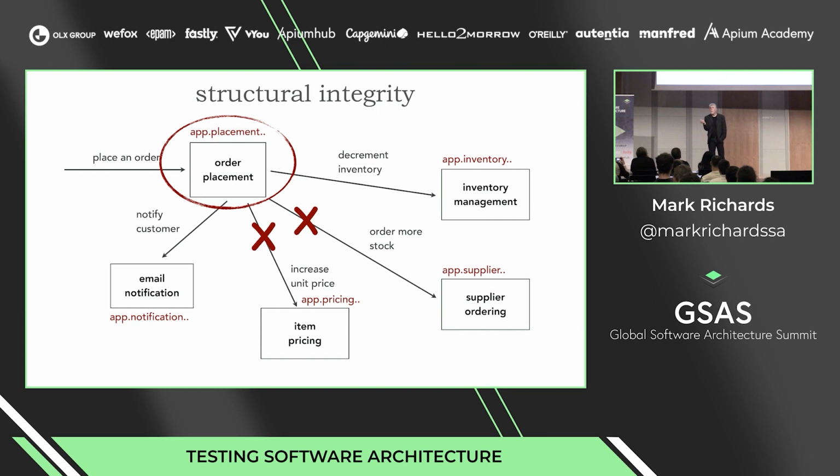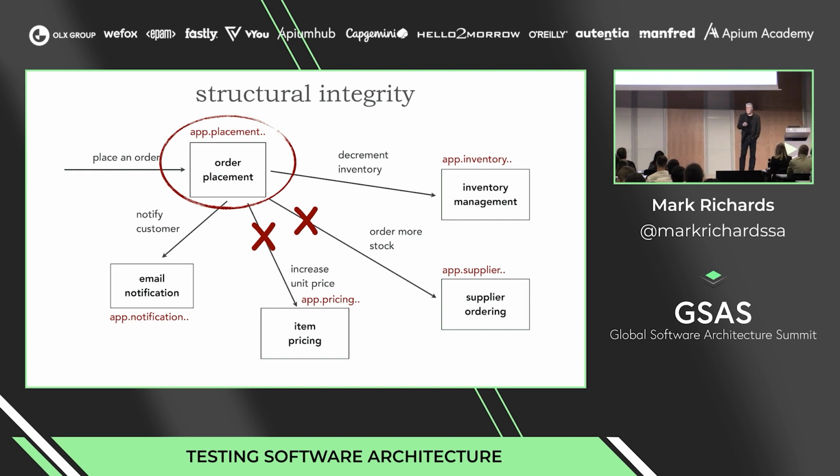Not my responsibility. That's the responsibility of order supply. And finally, the lower the inventory goes, the higher the price goes. So now I have to increase the price if the stock goes too low. Not my responsibility, but I have to tell somebody to do it. Do you notice a problem with the structure of this system?